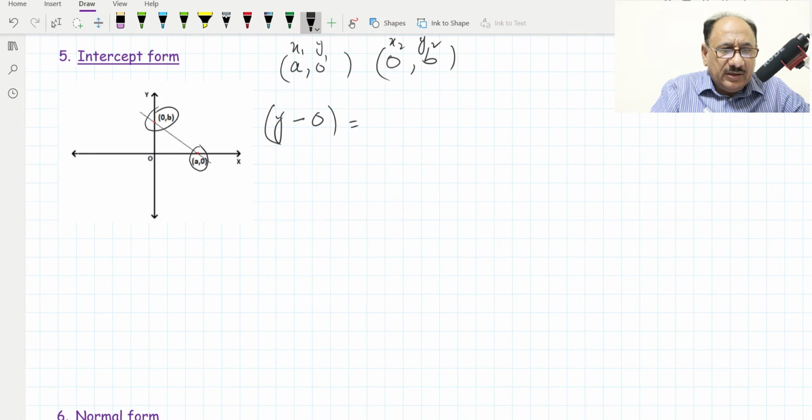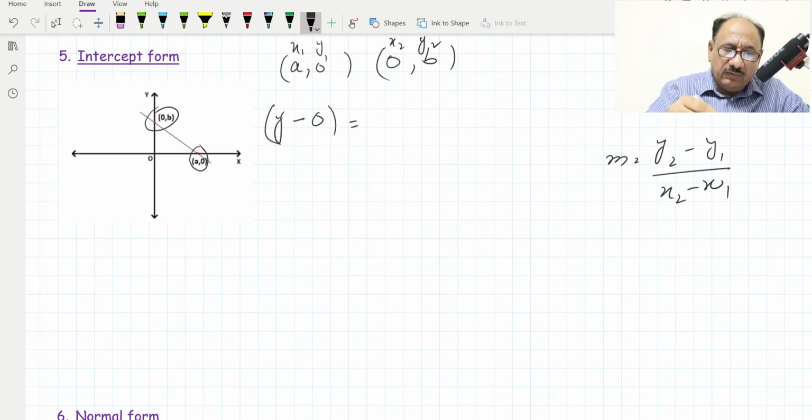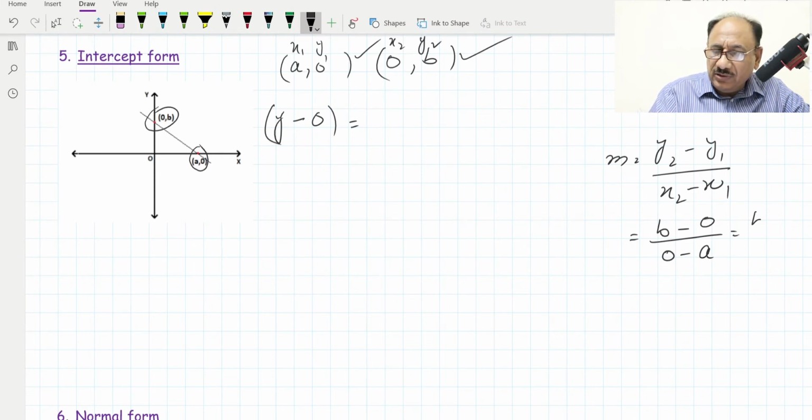M will be the gradient, and the gradient we know, m is equal to y2 minus y1 over x2 minus x1. So we will be using these two points and finding the gradient. Y2 is b minus y1, which is 0, over x2, which is 0, minus x1, which is a. So this will be equal to minus b over a.